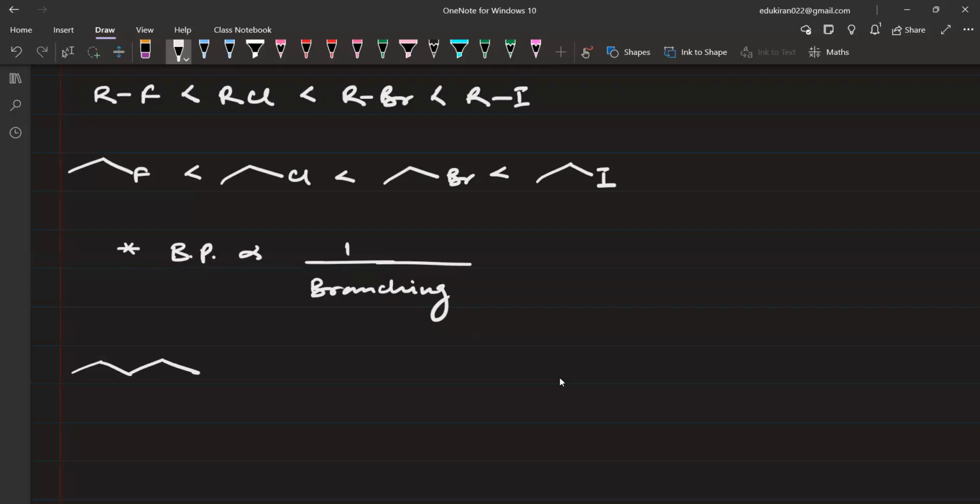We are having 4 carbon atoms and a Br, this is C4H9Br. Then we have one branch like this. Then you can have another branch like this. So all of these are 1, 2, 3, 4 carbon atoms, C4H9Br. Here also 1, 2, 3, 4 carbon atoms, C4H9Br.